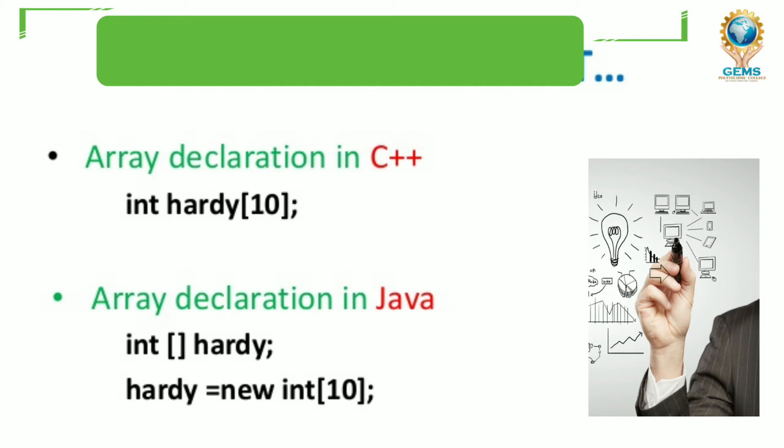Array is a homogeneous data type. That means it will help you to store the same kind of data or similar kind of data. Homogeneous means the same kind of information.